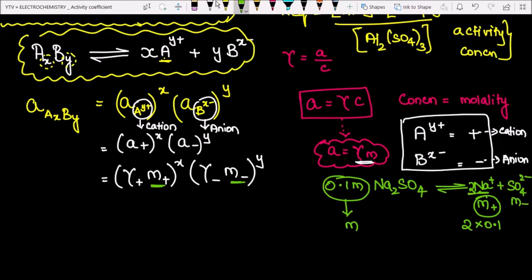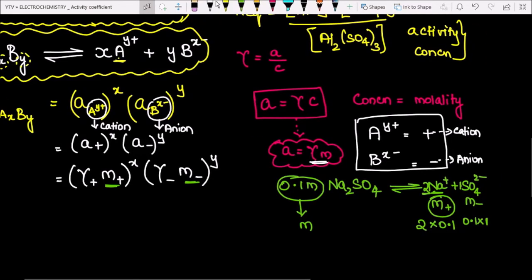The actual concentration of the salt, that is 0.1, multiplied by this coefficient 1. This is how we usually do it, right? So I can simplify it: the molality of the cation is going to be the coefficient of the cation. In this case, the coefficient of the cation is x. Can you see here? So x into the actual value m.